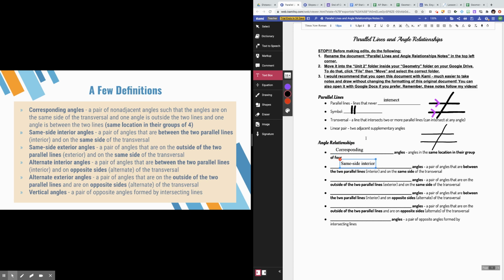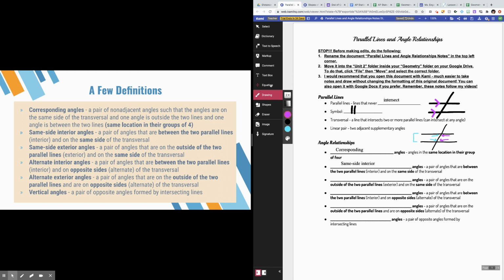Same side means on the same side of the transversal, meaning either both on the left side or both on the right side. And interior means they have to be inside the parallel lines. So for example, this angle and this angle together are same side interior angles. Same thing for the ones on the right side. Those are same side interior angles.